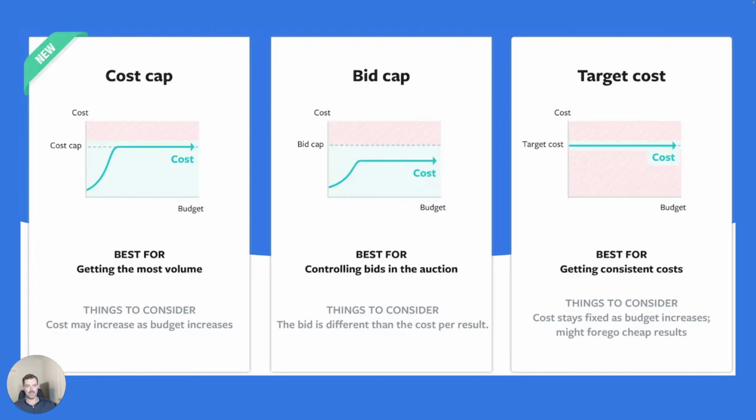So every strategy, essentially, they all have their pros and cons, right? In a perfect world, we'd all be running lowest cost, highest volume, and we'd just be increasing budget every single day, and returns would stay constant. But that's not how Meta works anymore. It's not 2020, 2021. There's inventory that's available, and that changes every single day.